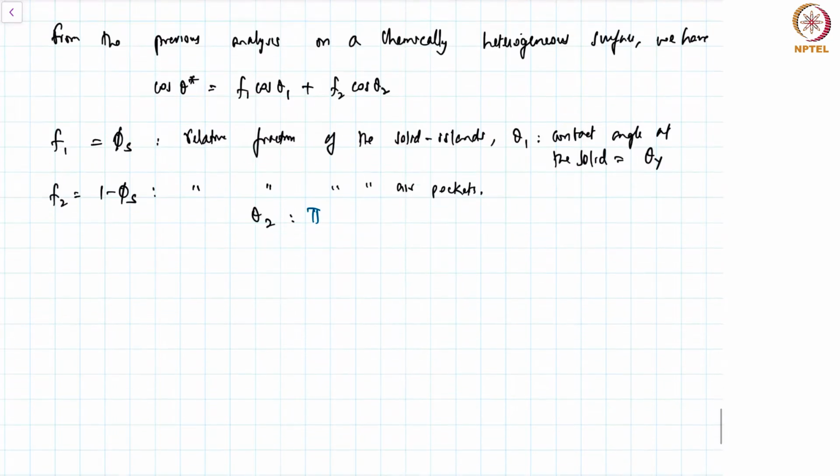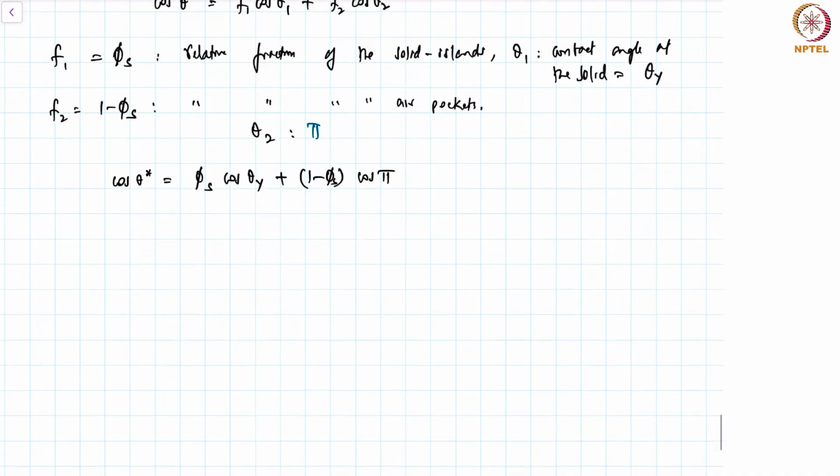If I just use these expressions, then I simply get cosine of theta star will be F1, that becomes phi s cosine of theta Y, plus F2, that is 1 minus phi s, cosine of pi. That is nothing but phi s cosine of theta Y minus (1 minus phi s).